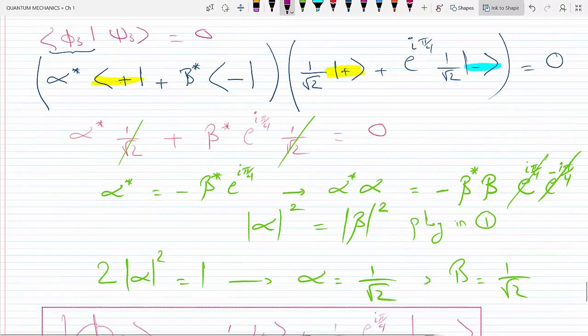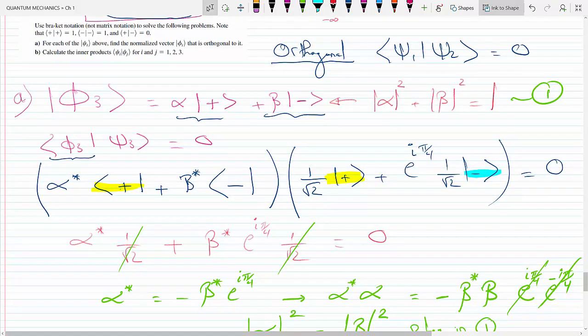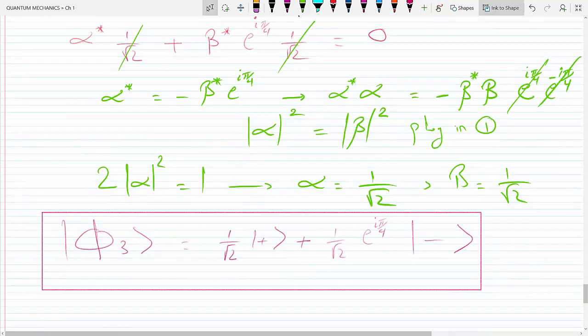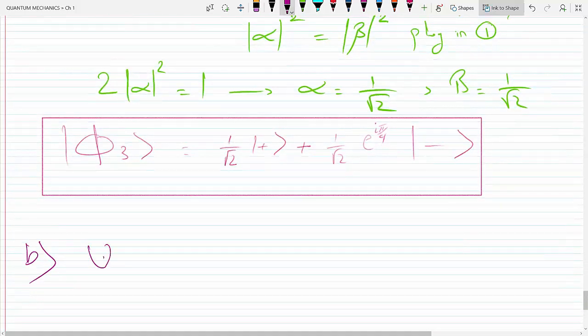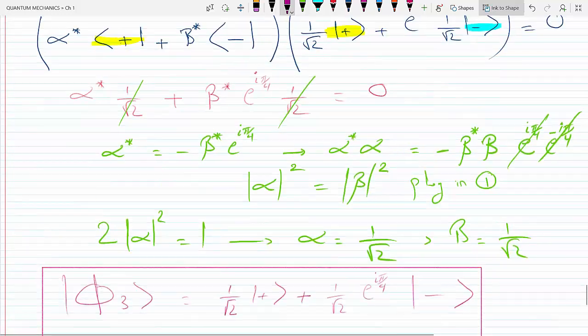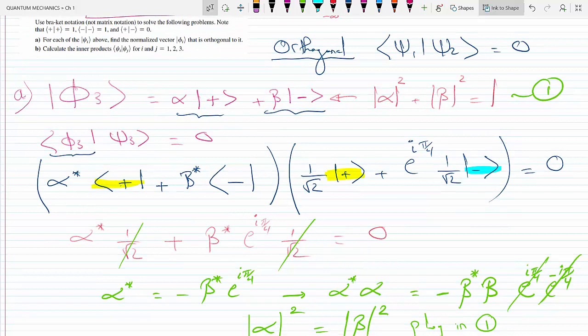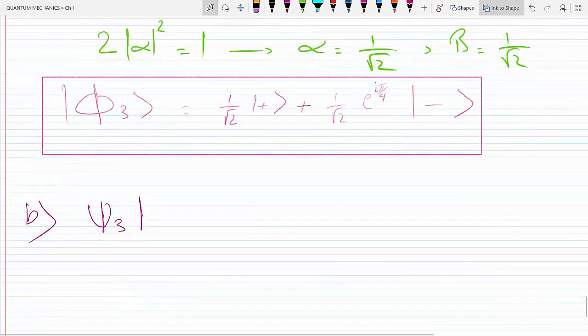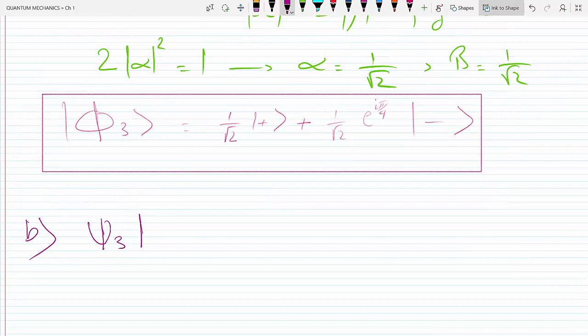It's basically saying take the inner product psi i, psi j. Let's take the third one and take the inner product of that with psi j, with j being 1, 2, 3. So you're going to do psi 3, psi 1.